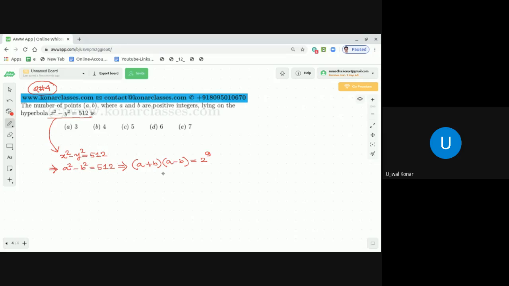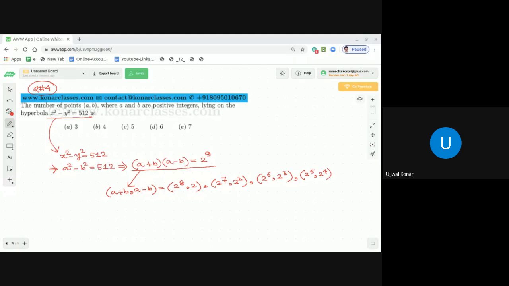So the different values of these products, the tuples that satisfy this, what we are going to get, dear students, is something like this: A plus B comma A minus B. It will be 2 to the power 8 comma 2, 2 to the power 7 comma 2 square, 2 to the power 6 comma 2 to the power 3, 2 to the power 5 comma 2 to the power 4.